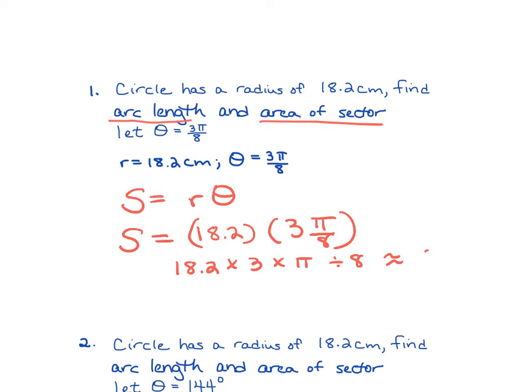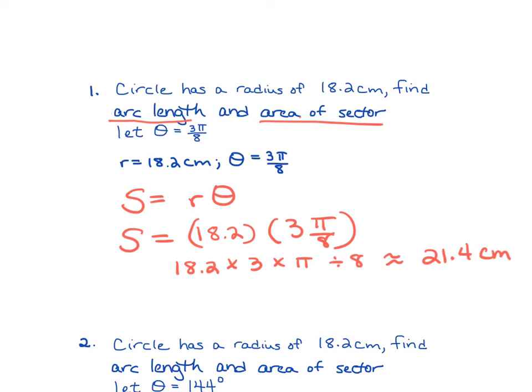This is approximately equal to 21.4 centimeters. This is part of a circumference. So whenever we're finding an arc length, it's always going to be whatever the units were originally given for the radius.